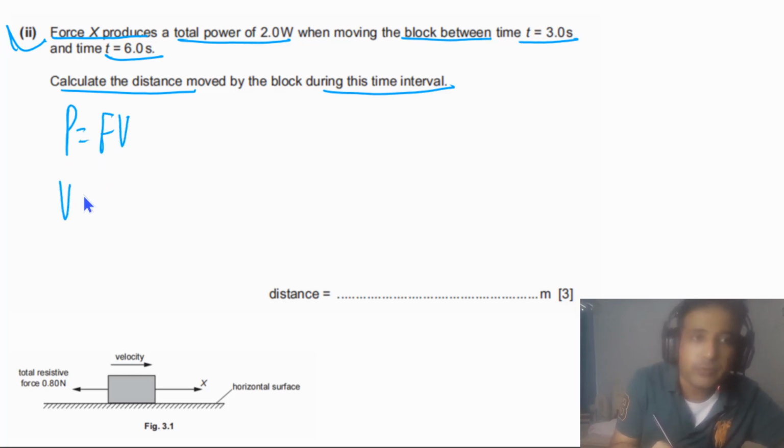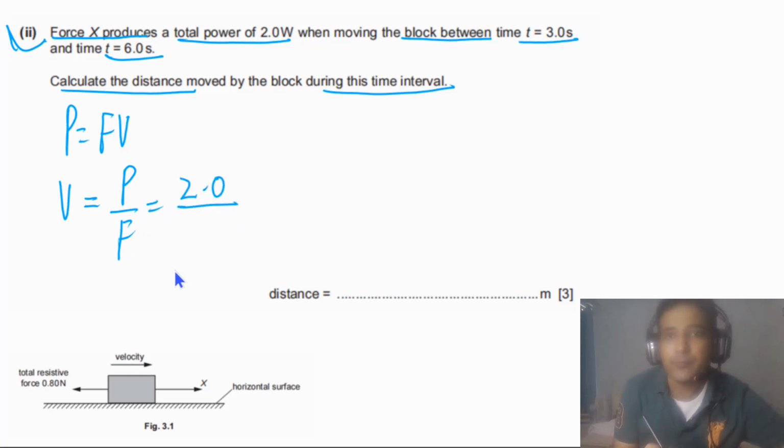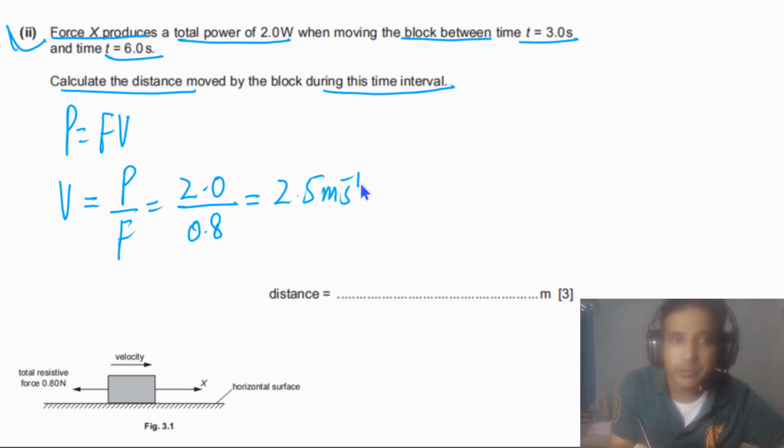So V will be equal to P divided by F. The power developed is 2.0 watts, and the applied force between t equal to 3.0 seconds to 6.0 seconds is 0.8. So the value of V will be equal to 2.5 meters per second.